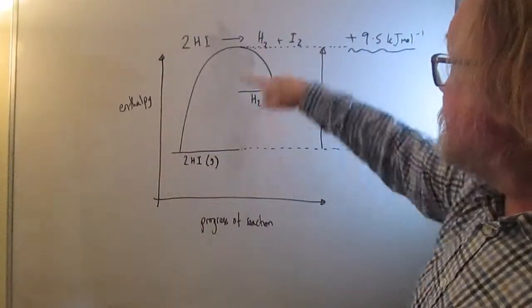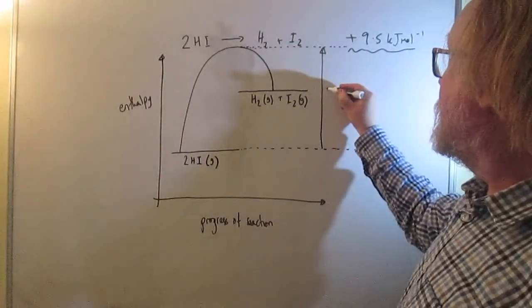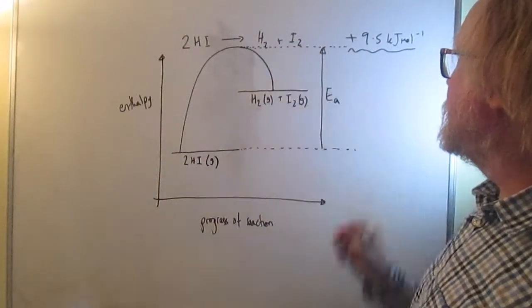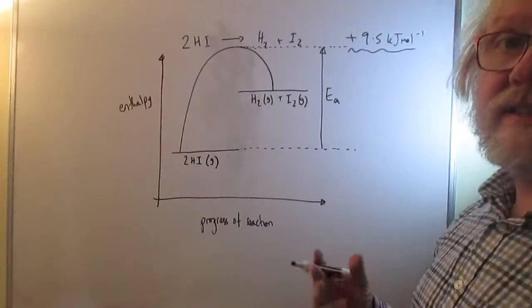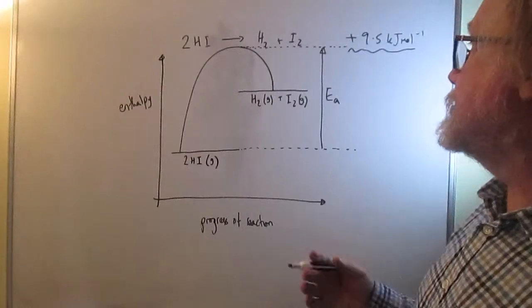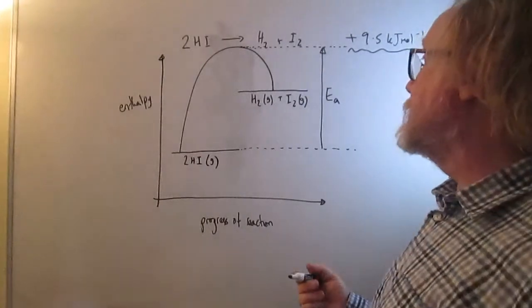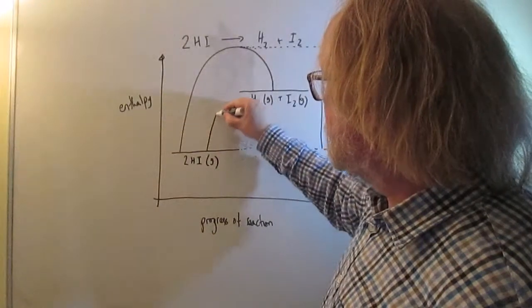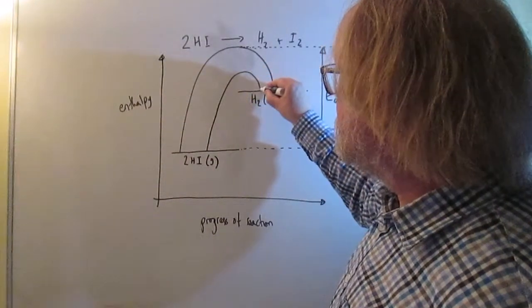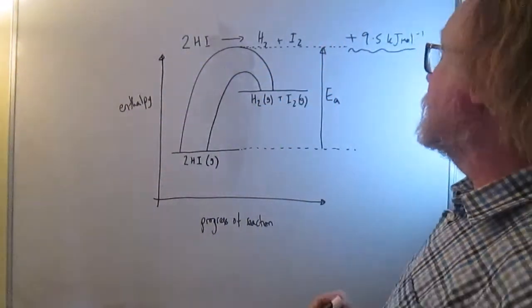So that's the activation energy in the absence of a catalyst, and if you read the question carefully it tells you to label that EA. And then what the catalyst does is to provide a new reaction pathway with a lower activation energy. So it still starts here, it still ends up there, but the height of the hill is reduced. So you're going to have something like that.